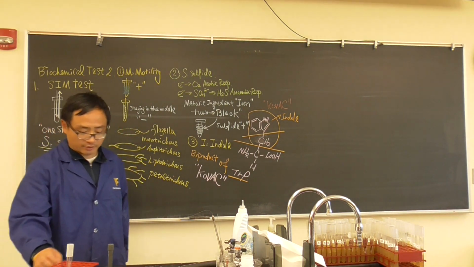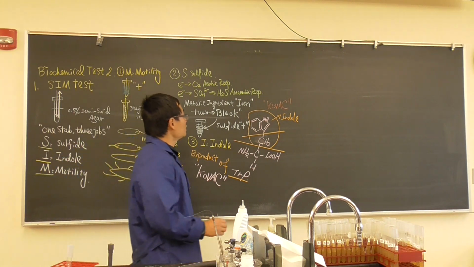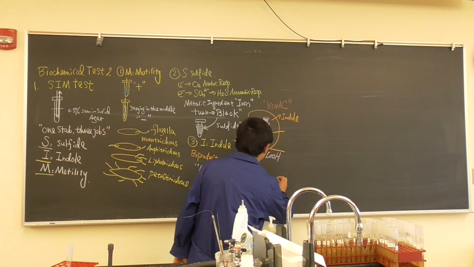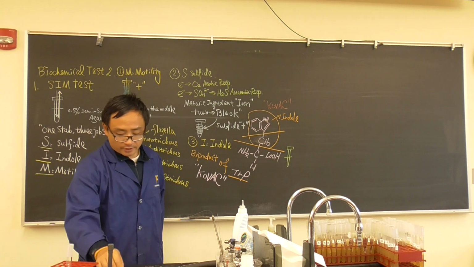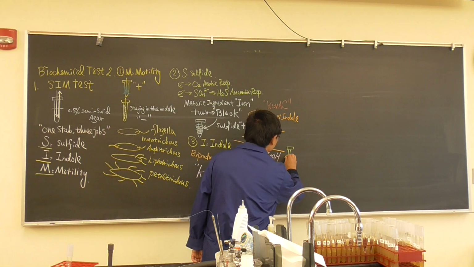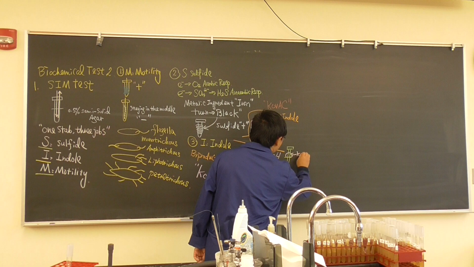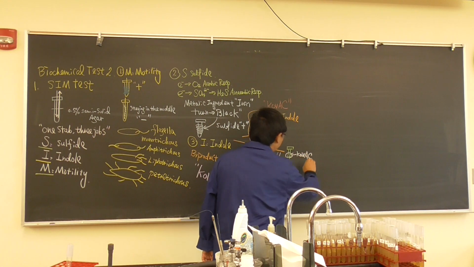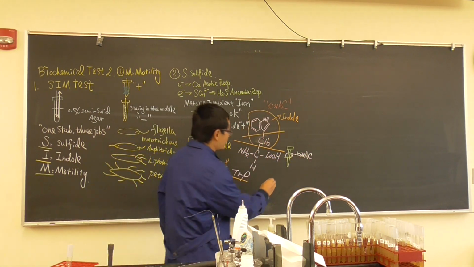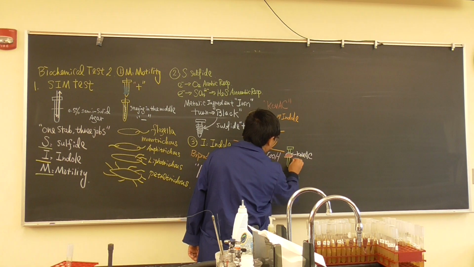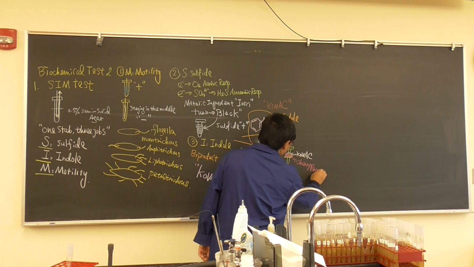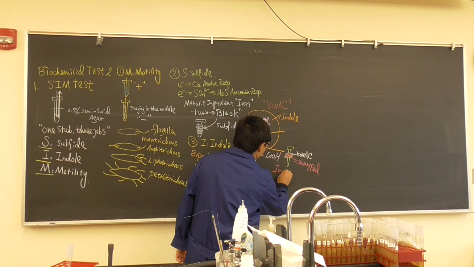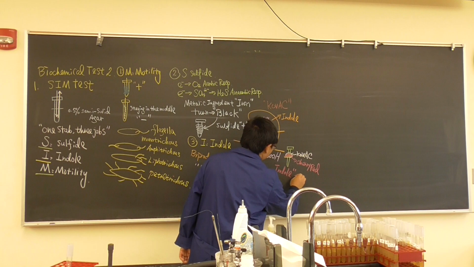It turns cherry red. So you have to do this supplement test next week Tuesday. After it grows, we need to add a drop of Kovac's reagent on the top. If this turns cherry red, then it is indole positive.